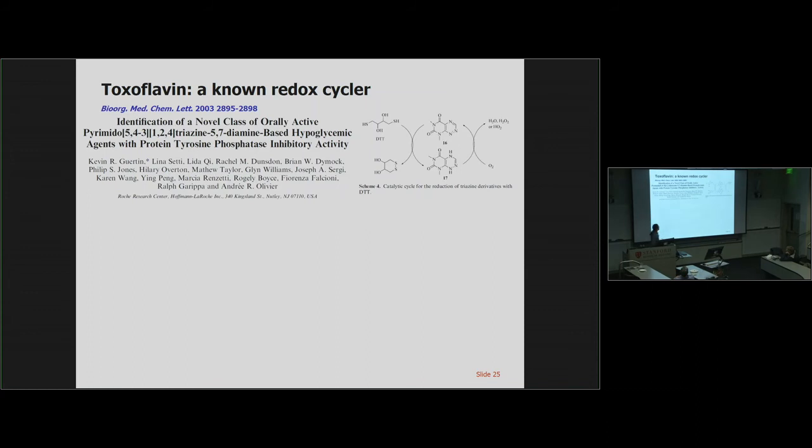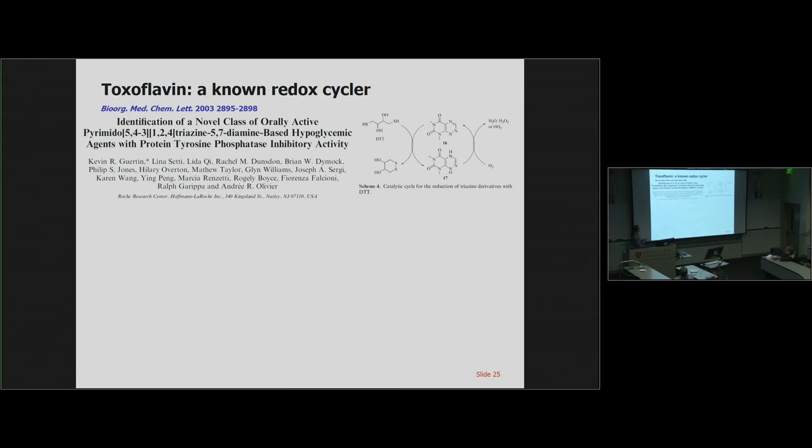Back in 2003, researchers at Roche published a really nice paper where they found that toxaflavin can inhibit a protein tyrosine phosphatase, PTP1B. This is an enzyme that has an active site cysteine that's very sensitive to oxidation.